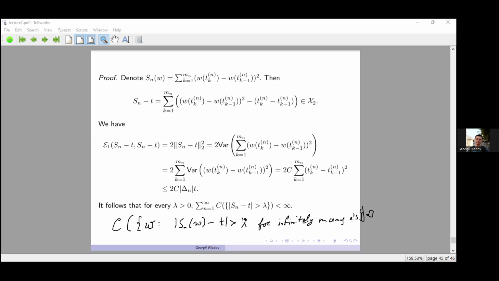Now instead of lambda, let's take 1 over k, and take the union over k.